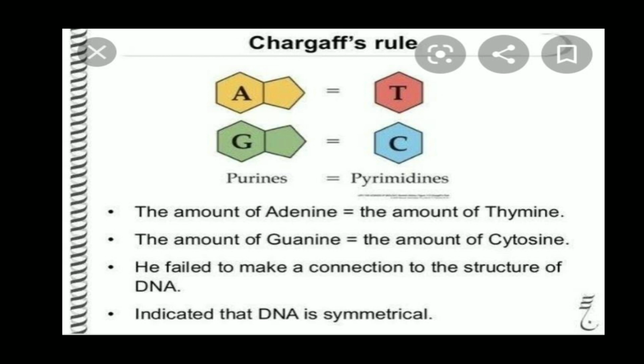That's why the scientist postulated the formula called Chargaff's rules: the amount of adenine equals the amount of thymine, and the amount of guanine equals the amount of cytosine. He failed to make the connection to the structure of DNA, but indicated that the DNA is symmetrical. So this is about Chargaff's rule.